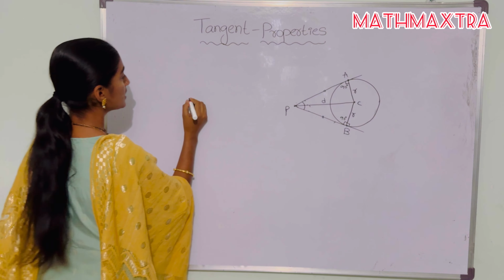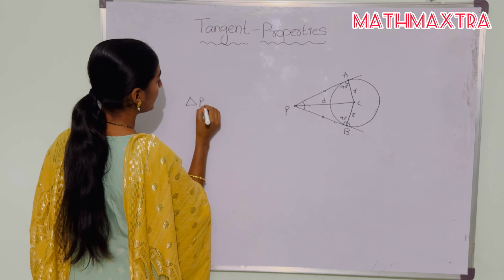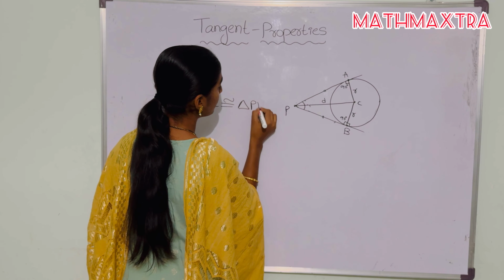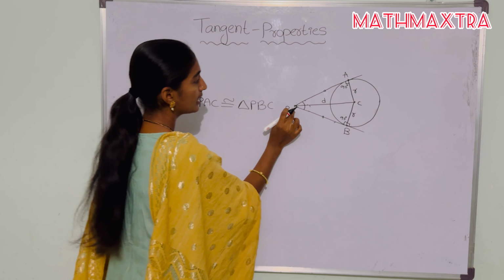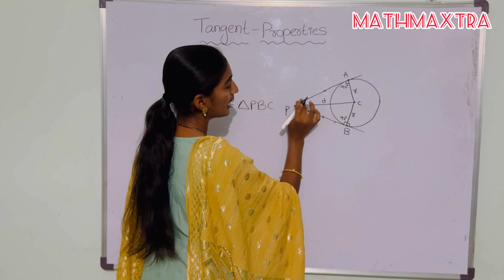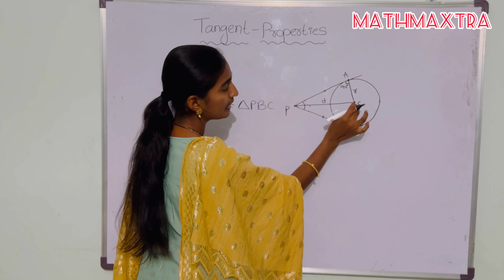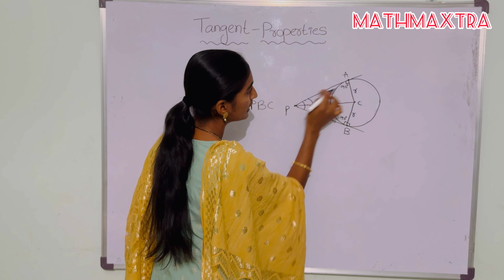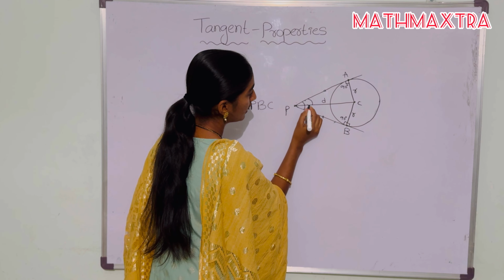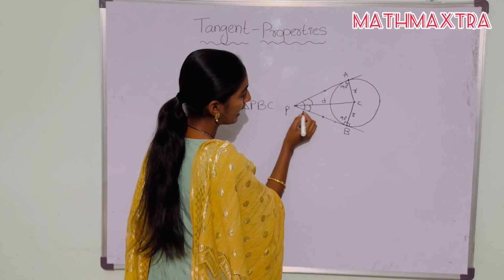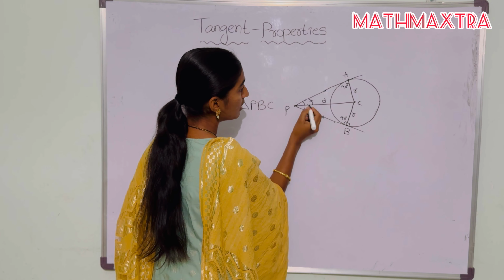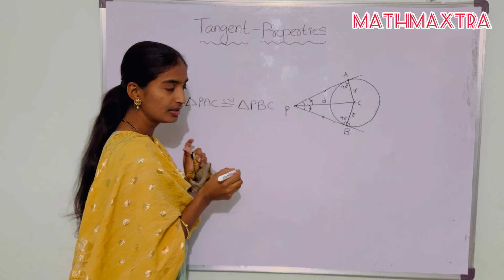So triangle PAC is congruent to triangle PBC, which means the angle P in this triangle is equal to the angle P in this triangle. This is angle P in triangle PAC, and this angle is angle P in triangle PBC. So these two are equal, isn't it?